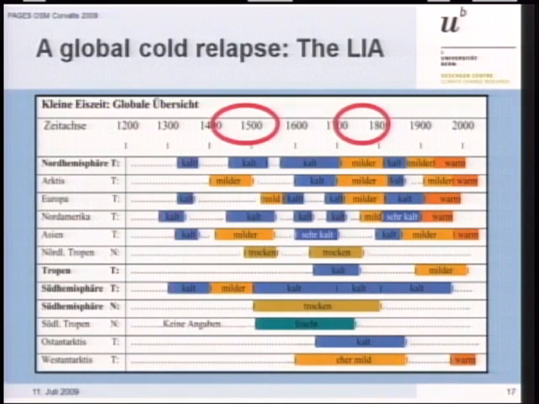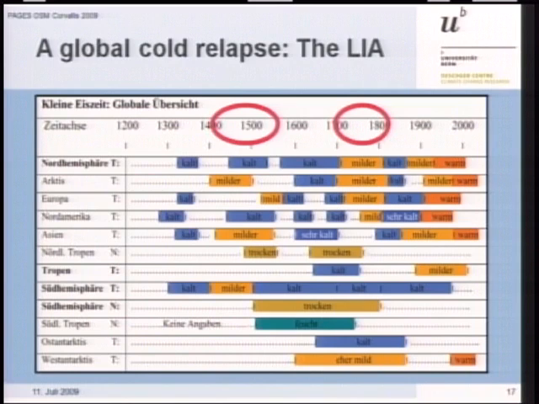If you are screening, for example, literature about the Little Ice Age, and I'm now concentrating to finish on the Little Ice Age, you can then look at the different areas, again, from the northern Arctic area to Antarctica, and you can just take all the time series in the papers and look whether it was cooler or milder during the Little Ice Age, or whether it was dry or rather wet.